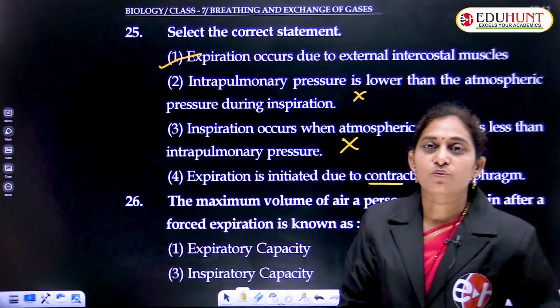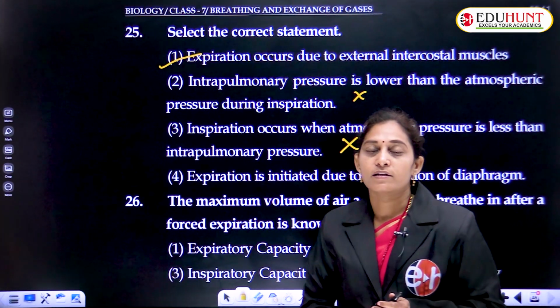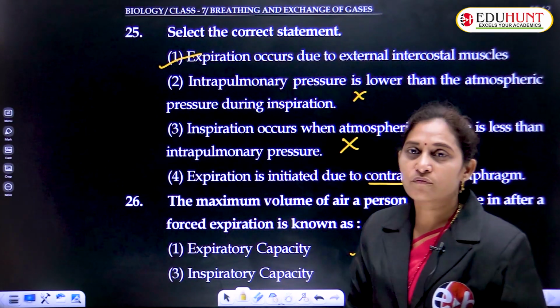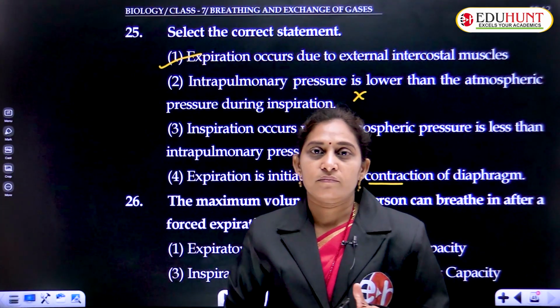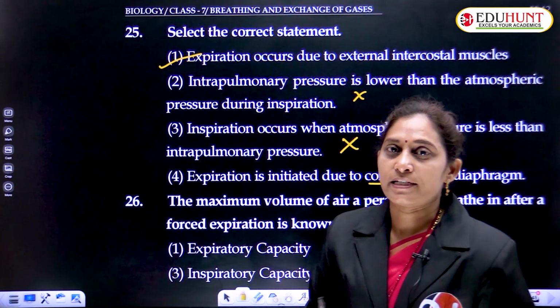That's the end, dear students. In this session, NEET model worksheet 2 was covered, and the majority of the bits were asked on tidal volume and expiratory volume.